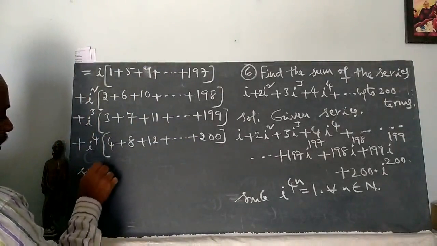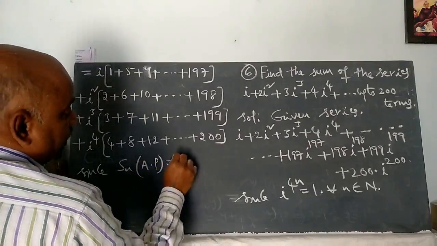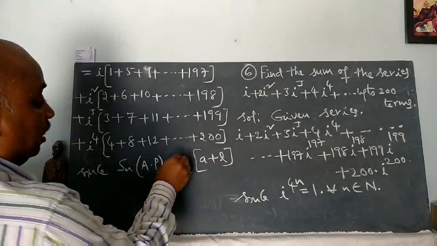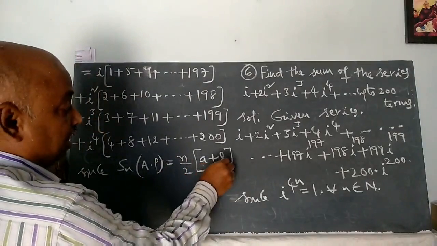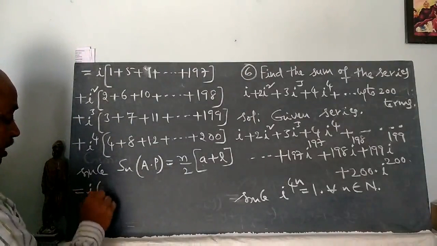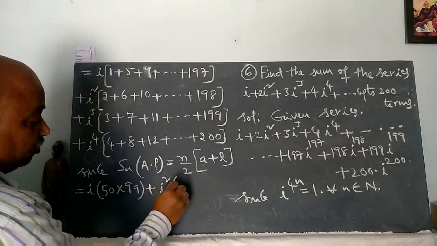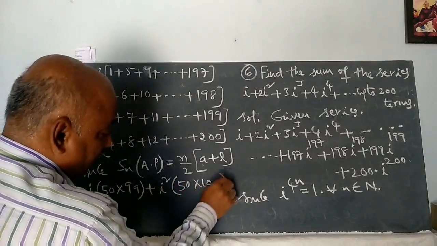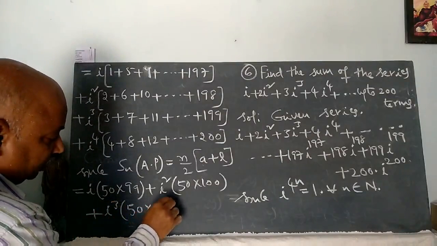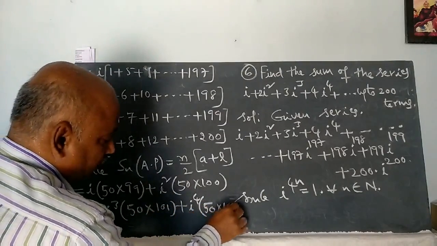So since the sum of an AP is n by 2 into a plus l, where n is the number of terms in the progression, a is the first term and l is the last term, this is equal to i into 50 into 99 plus i square into 50 into 100 plus i cube into 50 into 101 plus i to the power of 4 into 50 into 102.